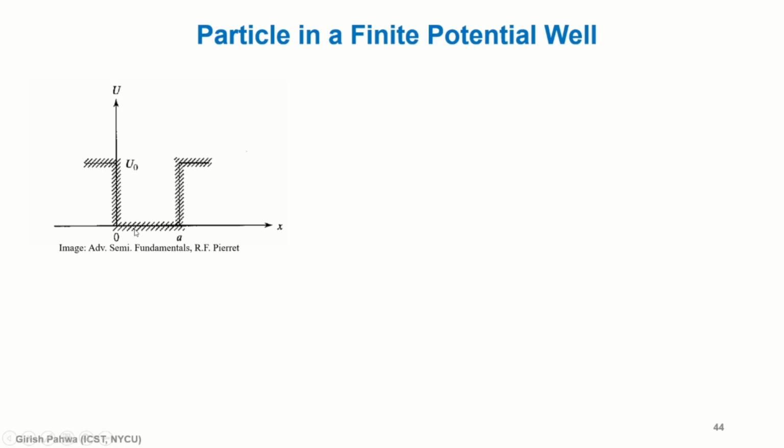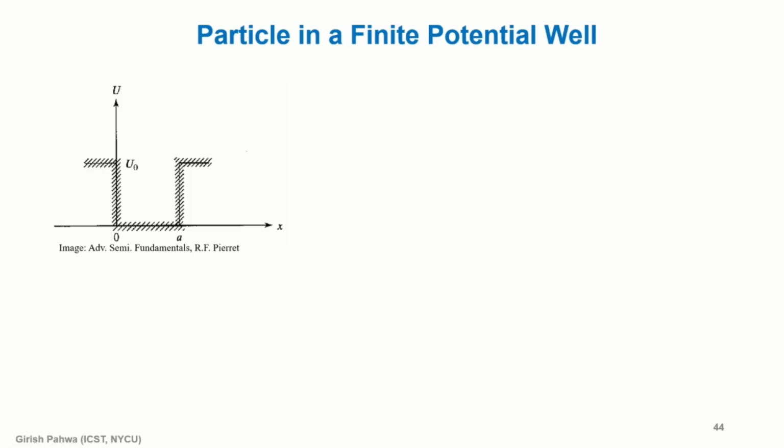The picture I took it from denoted it as U. So I have a potential energy U, and I have a potential well from 0 to A, and these levels are finite. So this is some U naught, capital U naught.